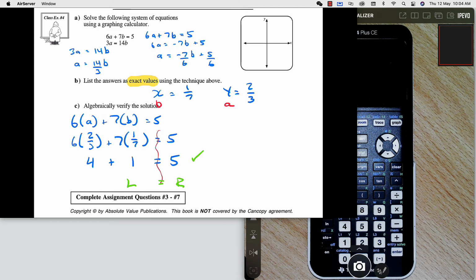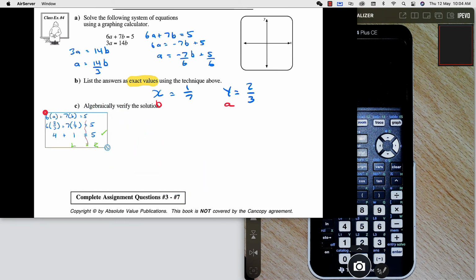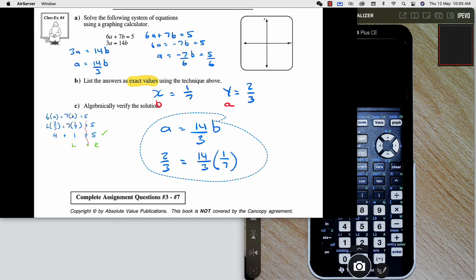Okay, and I'm just going to minimize this one really quickly, and we'll do the same thing with the second equation. Okay, so the second equation was a equals 14 over 3 times b, and I'm just going to substitute, so I end up with 2 over 3 equals 14 over 3 times b, which is 1 over 7.